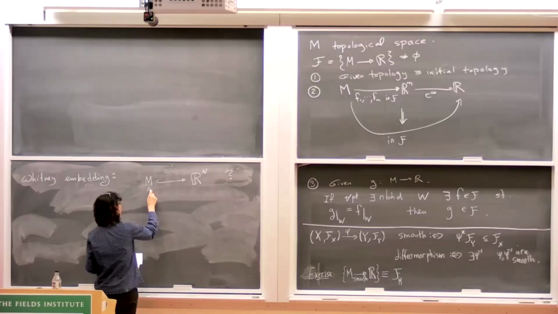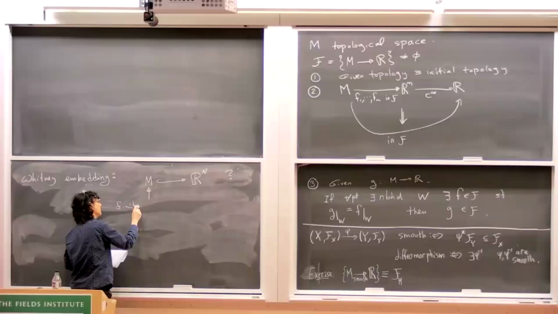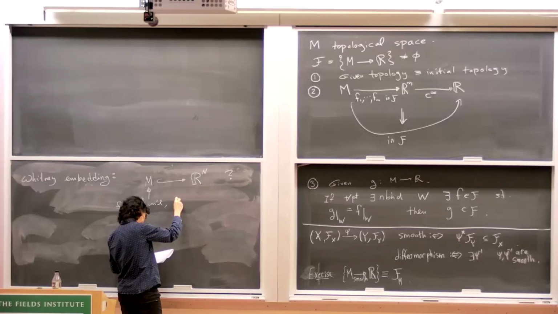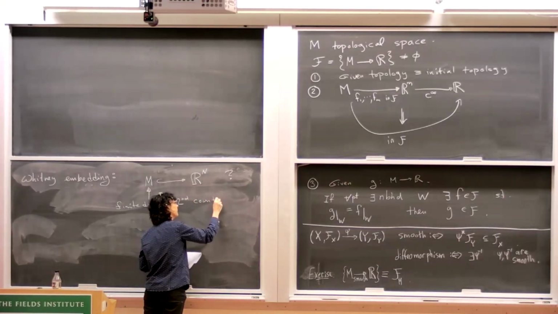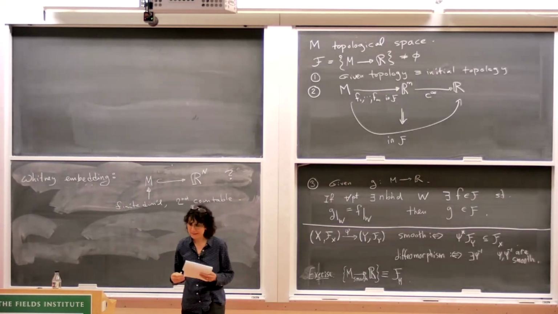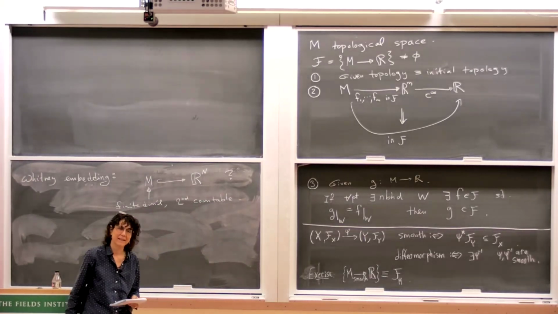M has to be finite dimensional, and it has to be second countable. But if you have a finite dimensional second countable subcartesian space, does it admit an embedding in a big Cartesian space?